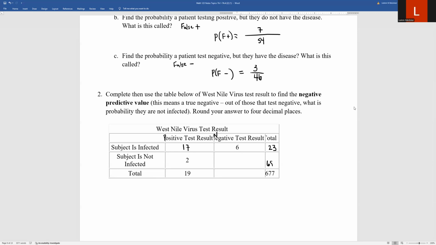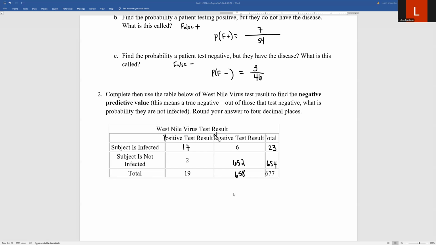There's 654. Subtract 2 from that, and that'll tell us how many people had a negative test result and they were not sick with West Nile virus. And then we also need to add these to get this total. And then I'm going to double check that 19 plus 658 is the 677 as well.